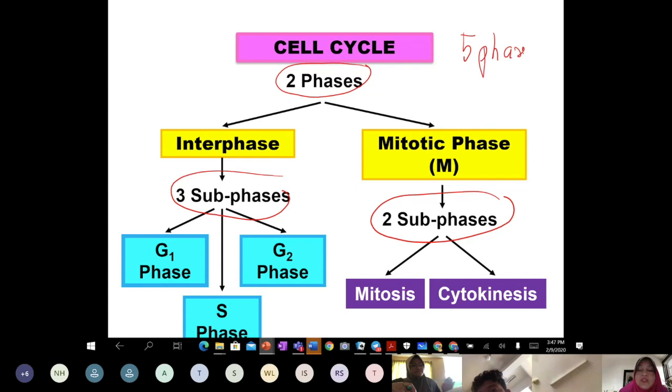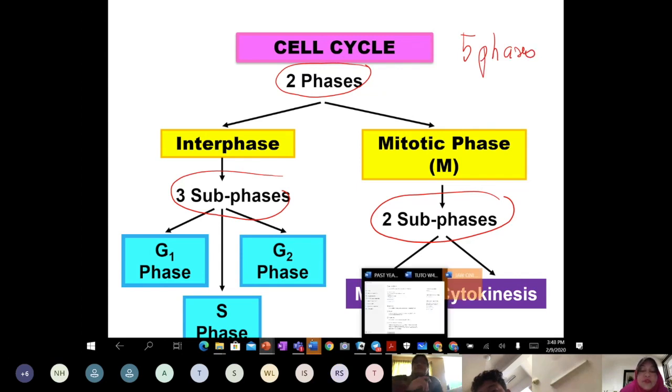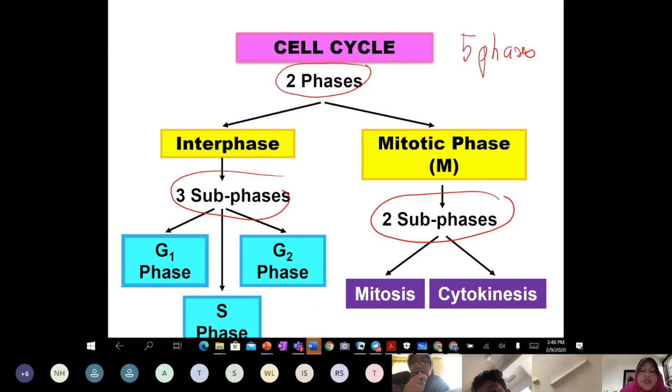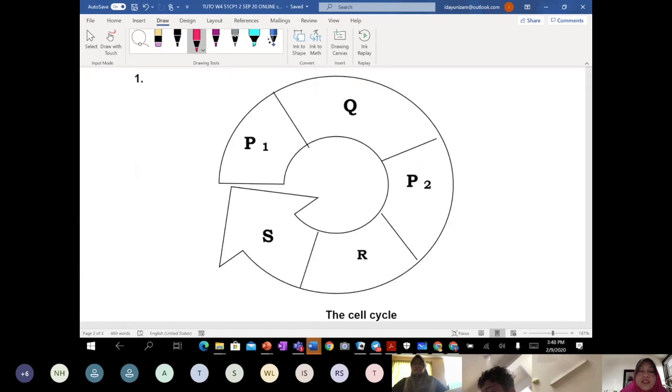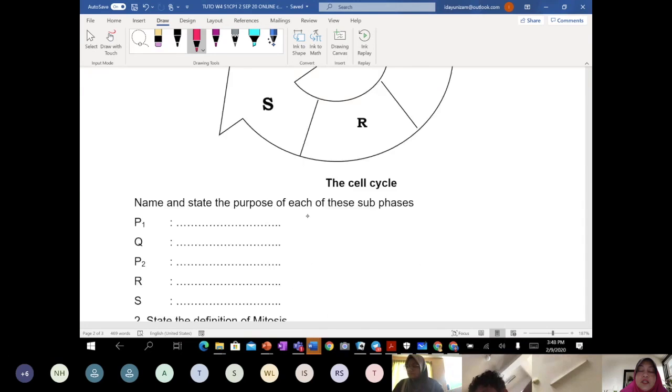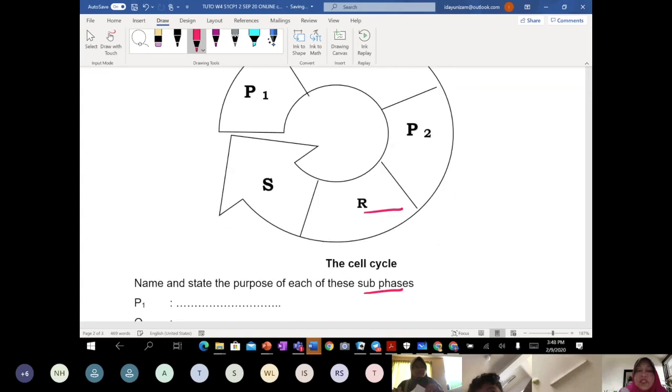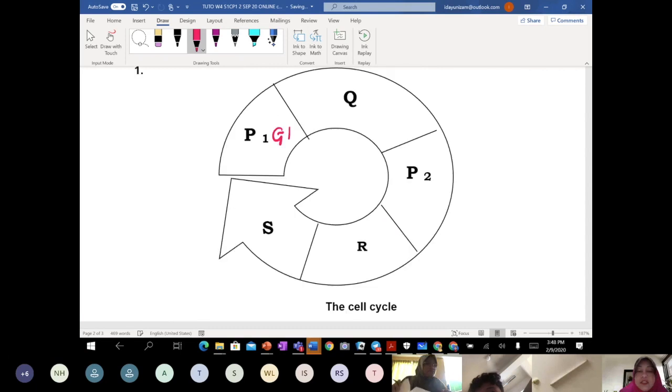So that's the second question. If we refer to the second question, it asks you to label, name and state the purpose of each of these subphases. We start with P1. What is P1, class? It will be G1. Am I right?